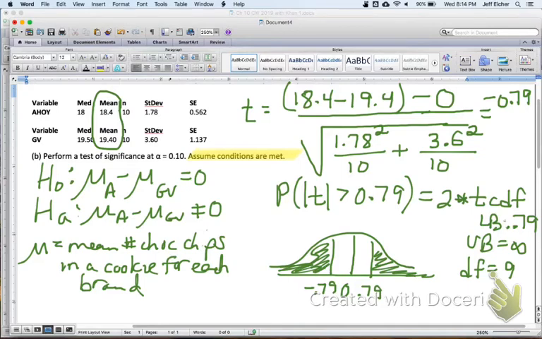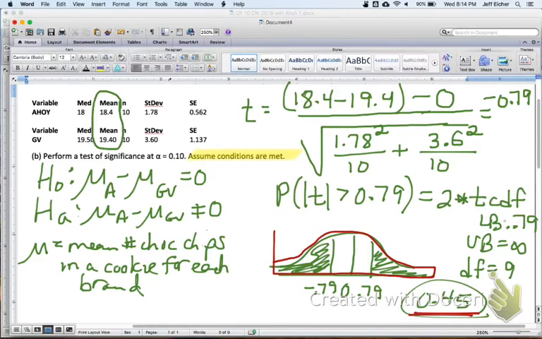So we would get a p-value of tcdf 0.79 to some large number, 9 degrees of freedom. That is 0.22, but we double it because it's two-sided. So we get a p-value of 0.45, basically. There's our p-value. Huge. This is a wall. A wall that no one's going to cross. And it's a huge wall.